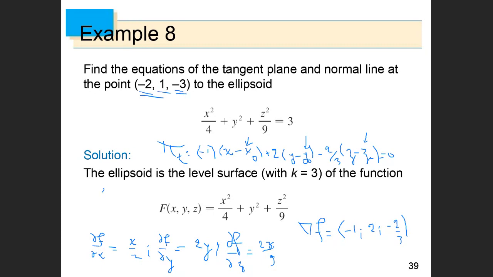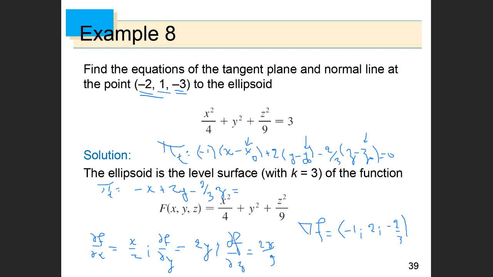So you end up with the tangent plane, which is minus x plus 2y minus 2 over 3 z equals, now let's add up the constants.